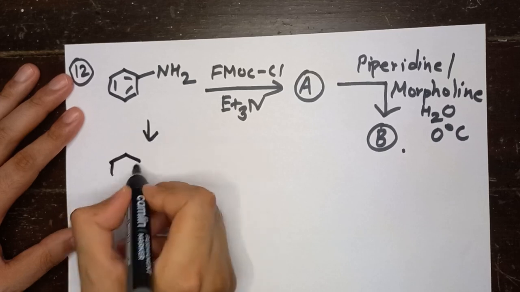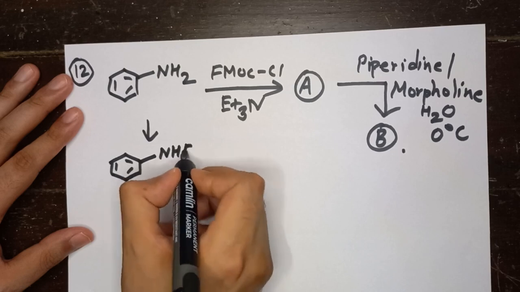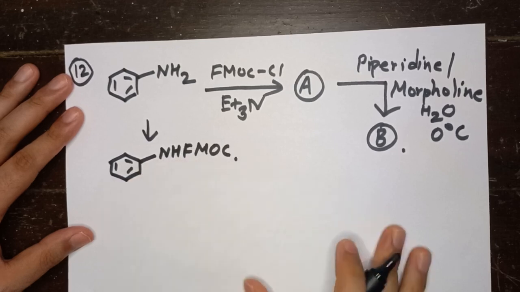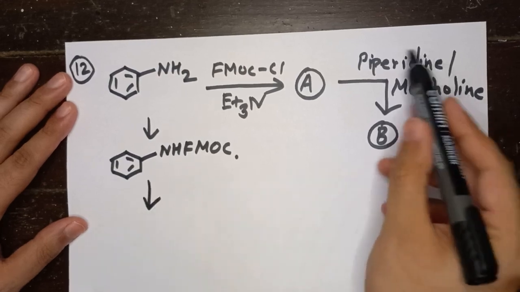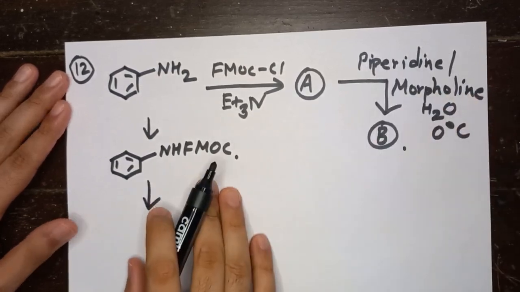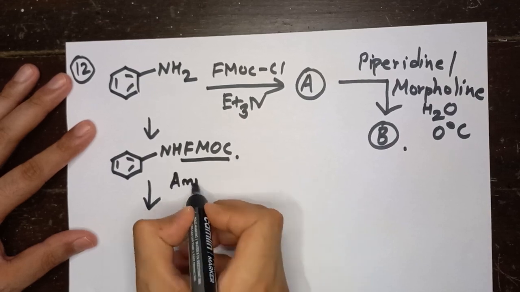Well, A will be simply a protection, NH-Fmoc. Okay, now what is happening at this step? So we know that Fmoc can be deprotected using amine bases.